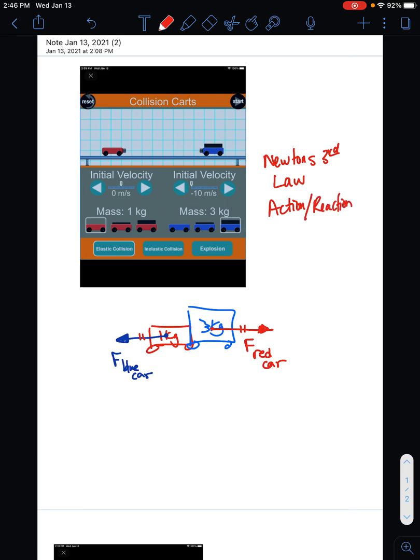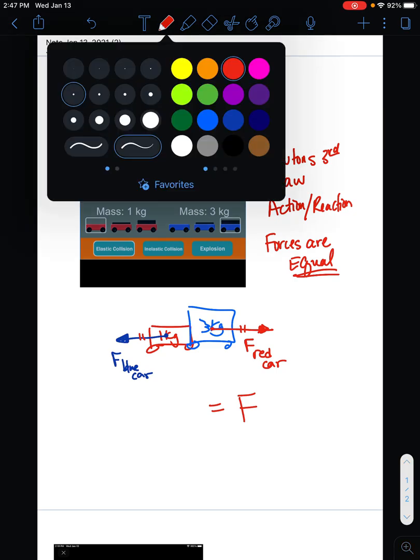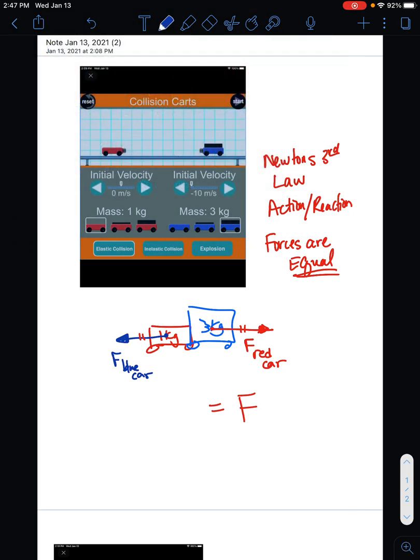And that says that the forces are equal in size and opposite in direction. So I know that the red car can't give a force any bigger than the blue car, that the force from the red car is always going to be equal in size and opposite in direction to the force from the blue car.